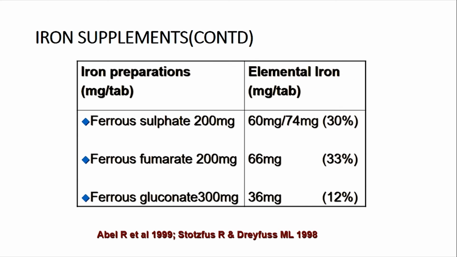weeks of gestation. There are various iron supplements, various iron preparations, and their iron content, and this includes ferrous sulfate, ferrous fumarate, and ferrous gluconate. The amount of elemental iron in ferrous sulfate is 60 milligram, and ferrous sulfate can be given 200 milligram thrice daily.